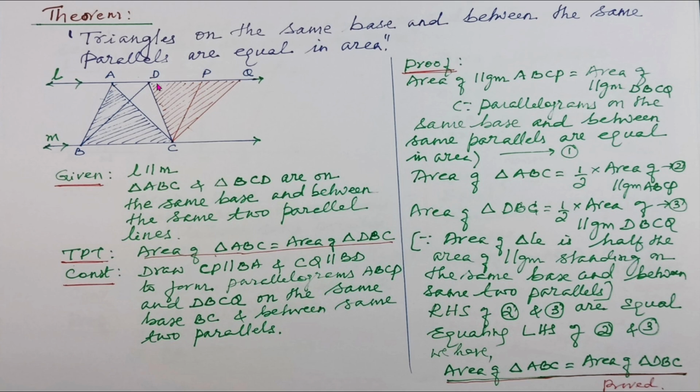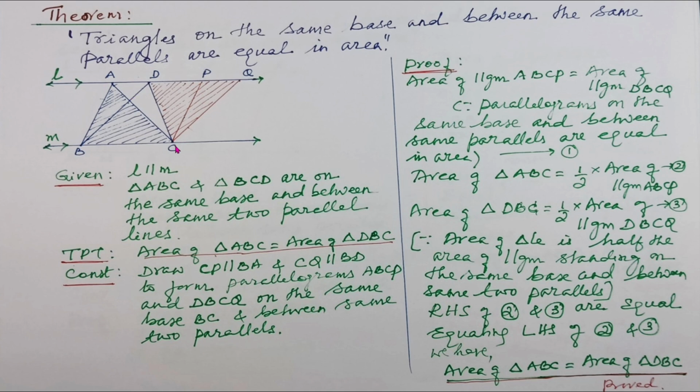Now we form two parallelograms: one is parallelogram ABCP and the other one is DBCQ, and these two parallelograms stand on the same base BC and between the same two parallel lines L and M. That means the areas of the parallelograms ABCP and DBCQ are equal because they are standing on the same base and between the same two parallel lines.